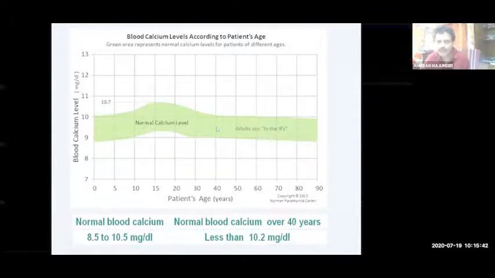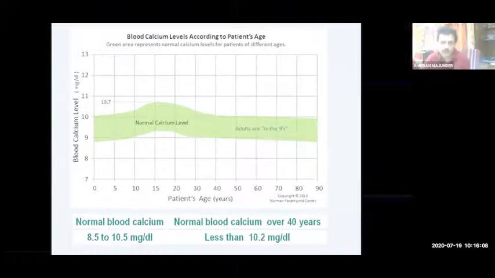But above the age of 40, the calcium level should be in the 9s and not in the 10s. So if anybody above the age of 40 comes to you with a serum calcium level of more than 10, especially more than 10.2, be careful that you are not missing a case of hypercalcemia or primary hyperparathyroidism.